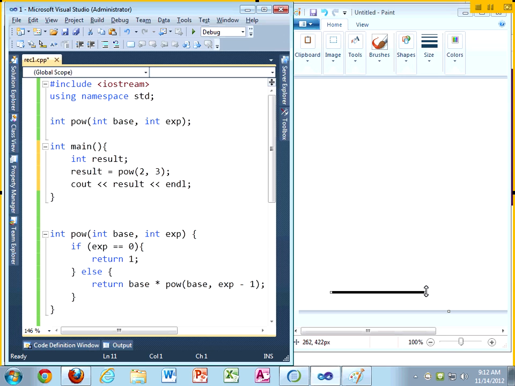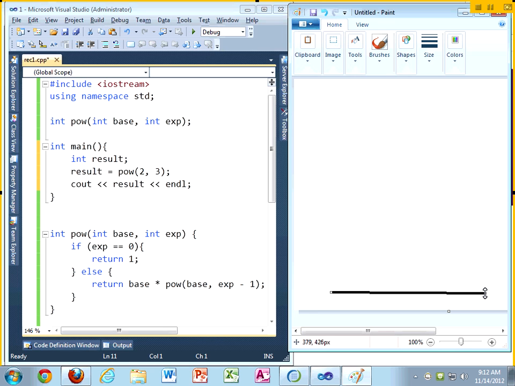Okay? So over here on my stack, I might as well just play it safe and make this big. The first thing that goes on here is going to be an activation record for main. Okay, there's my activation record for main.